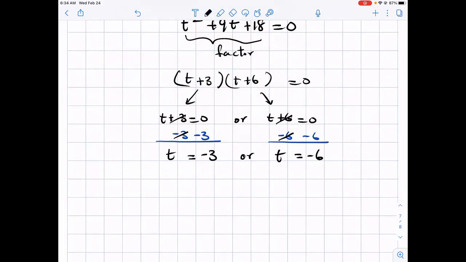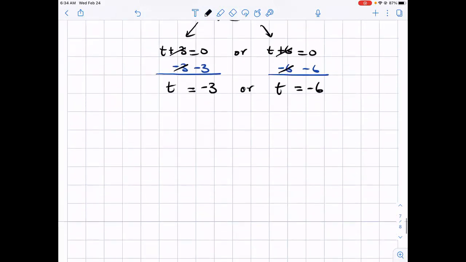So don't forget, we have to check, right? So we have to check t equals negative 3, and we also have to check t equals negative 6, because they may both work, or only one of them will work, or none of them will work. So you have to check.